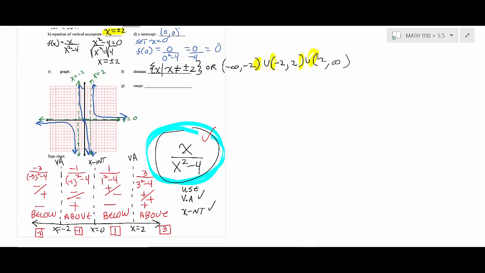All right, now look at the range real carefully. Is there any value that y never hits? Look at my graph. It did hit 0, okay, because that was an x-intercept, right? Now, one thing about this a lot of times confuses students. You can touch the x-axis, you just can't touch it out here, okay? So when you have a horizontal asymptote, that really is talking about what is the graph doing when x gets bigger.